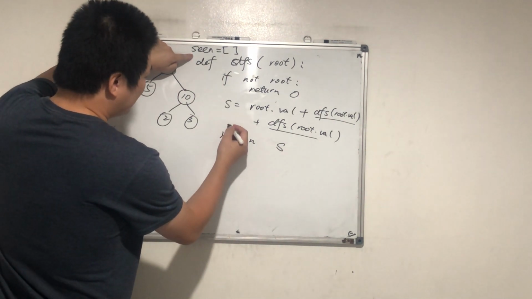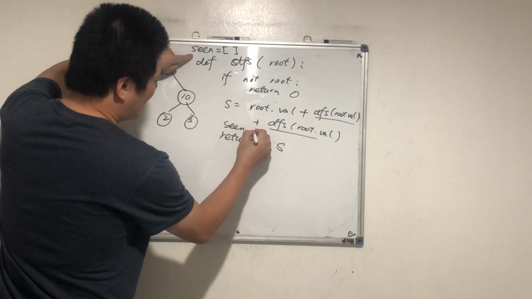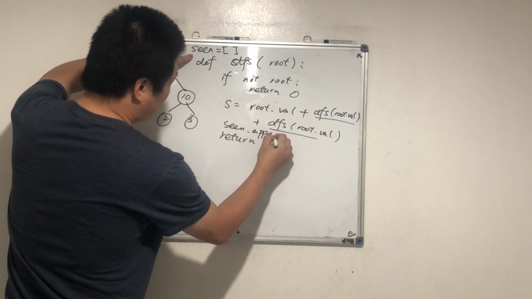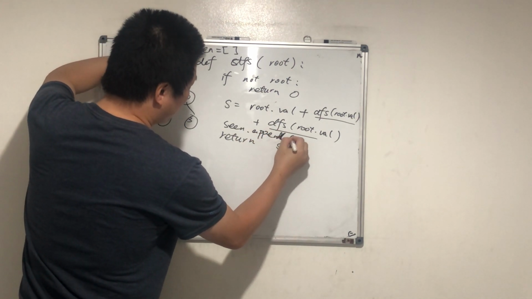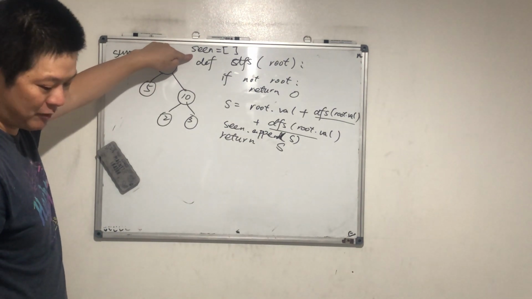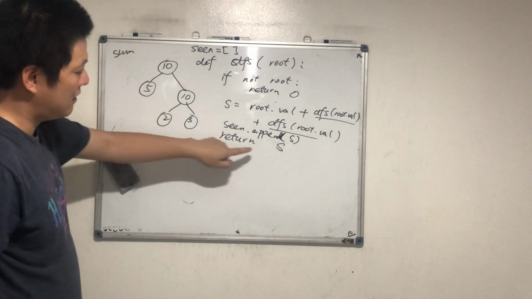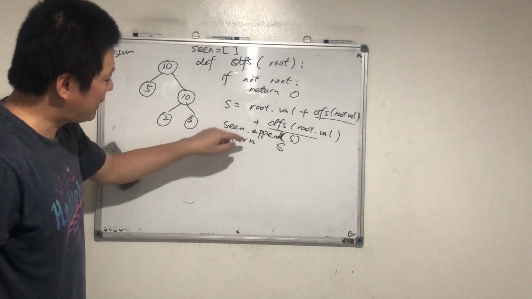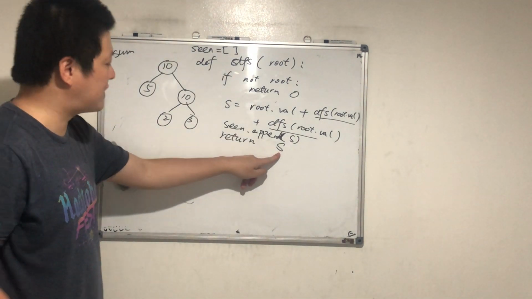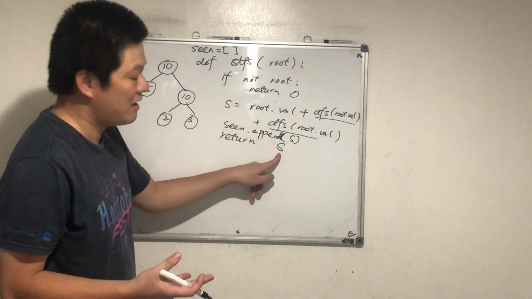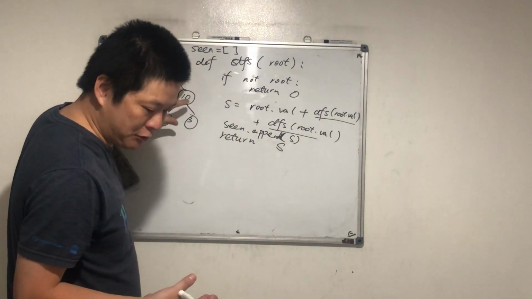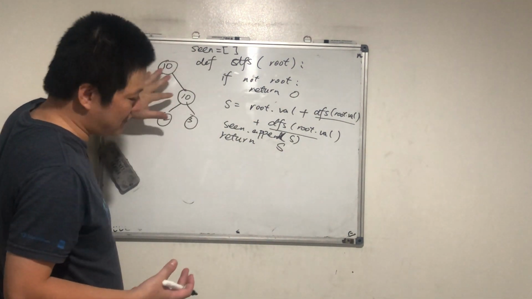If I put seen.append(s) here and return s, what's this s? This is the sum of any subtree, including itself, in this binary tree.